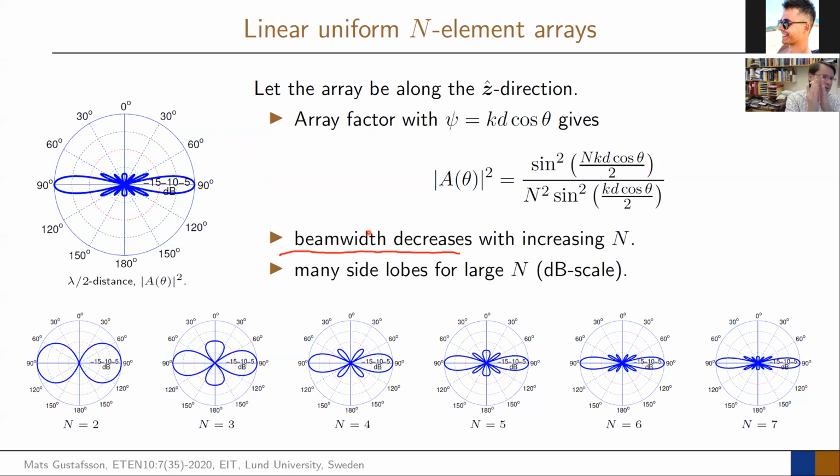So the beam is decreasing when I increase the number of elements. And also the number of side lobes is increasing when I increase the number of elements. So the number of side lobes, 1, 2, 3, 4, 5, 6, is increasing when I increase this number. That is the effect of adding more of those. And this is what's called a uniform array. So there is no real tapering of it. All elements have the same amplitude.